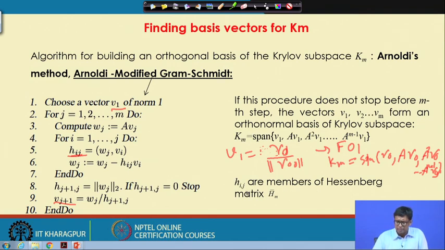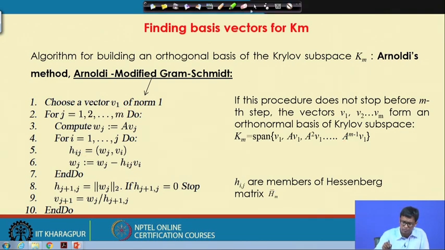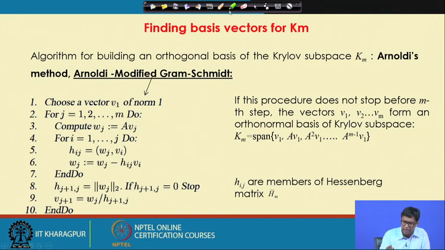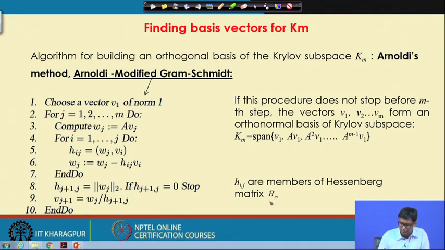Hij are the members of the Heisenberg matrix H bar m. We will use H bar m and Hm in some cases. From H bar m, if we remove the last row, it becomes another Heisenberg matrix, which is Hm.